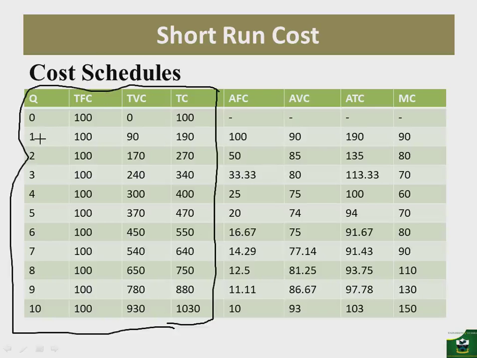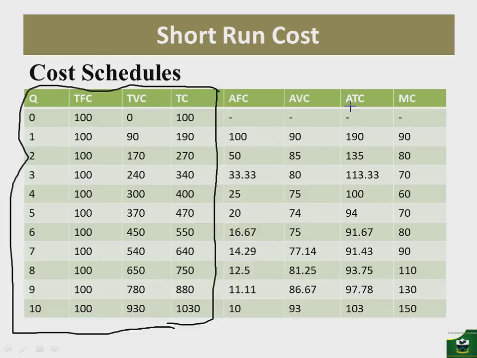At the first unit of output, our total variable cost is 90, and therefore our average variable cost will be 90. If we have 2 units of output produced, our total variable cost becomes 170, meaning that our average variable cost will be 170 divided by 2, which is 85. We do the same for all these values and verify that these are the values you'll be getting for the average variable cost.